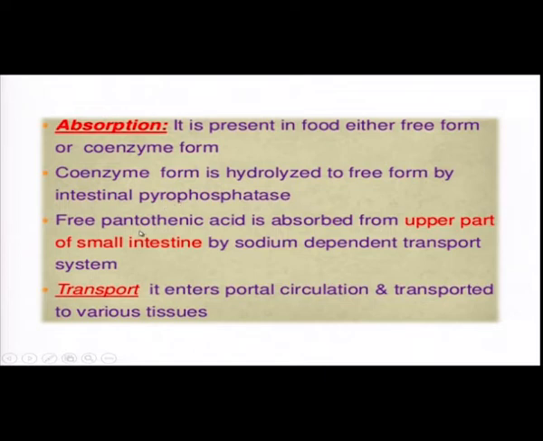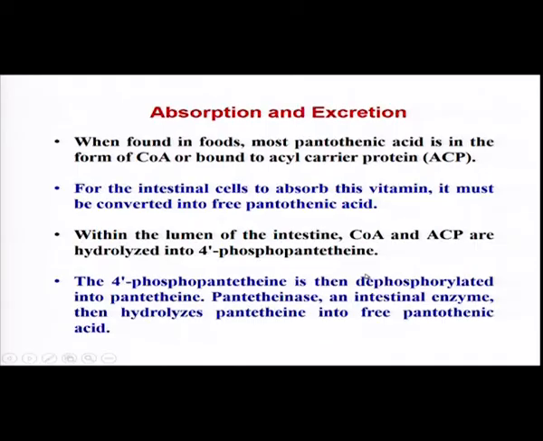I am going to elaborate more on that, because only the free pantothenic acid can be absorbed in the upper part of the gastrointestinal tract, especially the small intestine, through what you call the sodium dependent transport system. In the sodium dependent transport system, the free pantothenic acid goes across and is transported. So, here you find exactly how this happens.